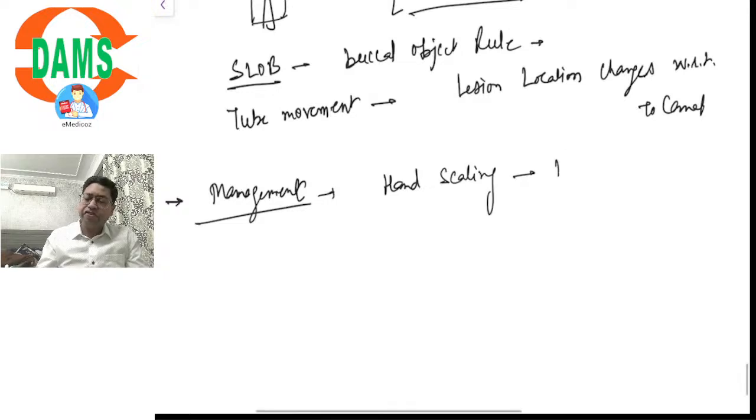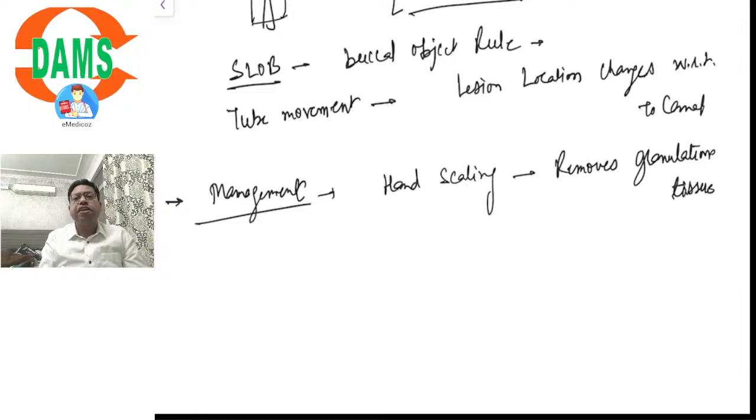This hand scaling removes granulation tissue. And whenever granulation tissue is removed, copious bleeding would occur. We all know that granulation tissue is very rich in blood supply, because it is a fibrovascular type of tissue. The outermost area is the fibrovascular area. So hand scaling is done.